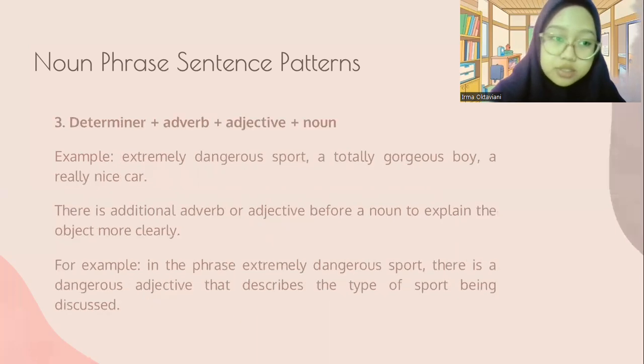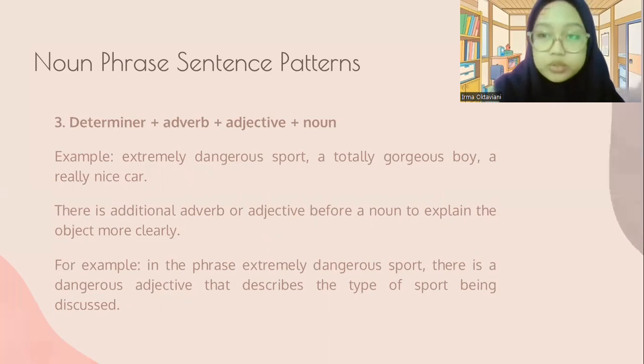Okay, let's go to the third. The third noun phrase sentence pattern is determiner plus adverb plus adjective plus noun. Examples of words from this noun phrase pattern are extremely dangerous sport, a totally gorgeous boy, a really nice car, and so on.